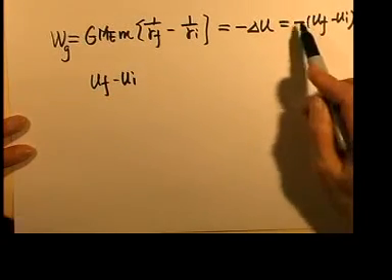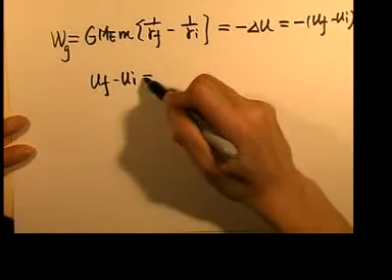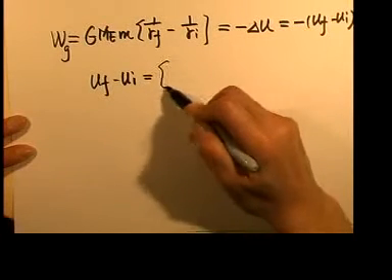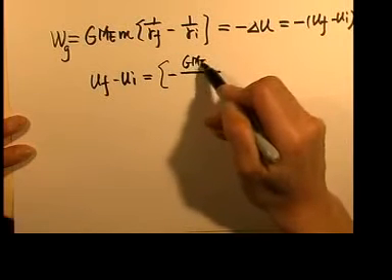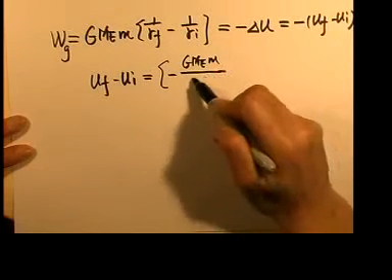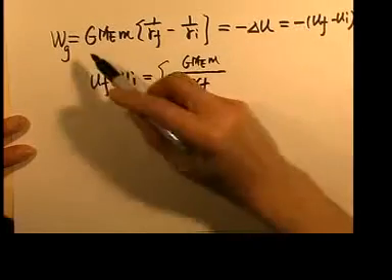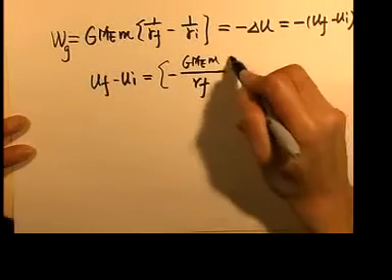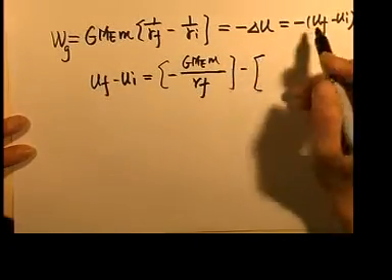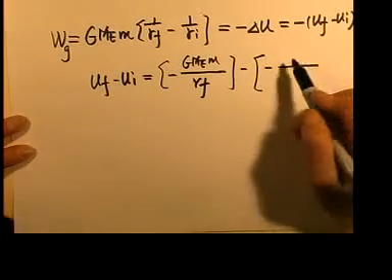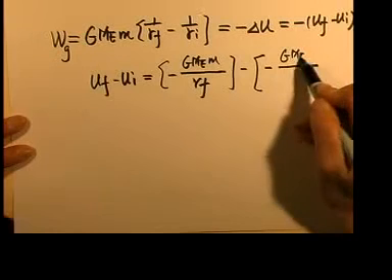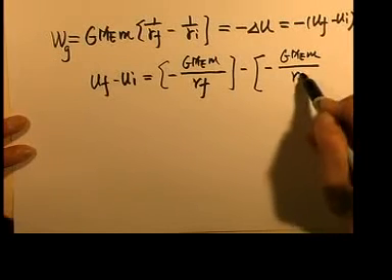If we move this negative sign to the left side, what we have is negative G M_E m over r final, because this negative sign gets here, minus, and the negative sign getting here is plus, but minus a negative is plus. That is G M_E m over r initial.